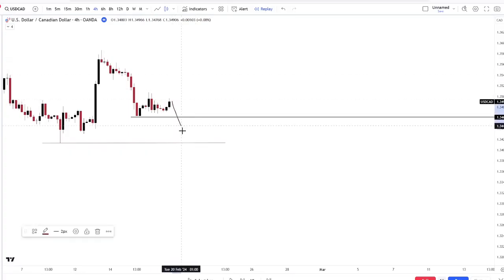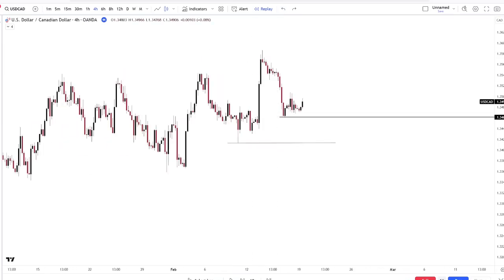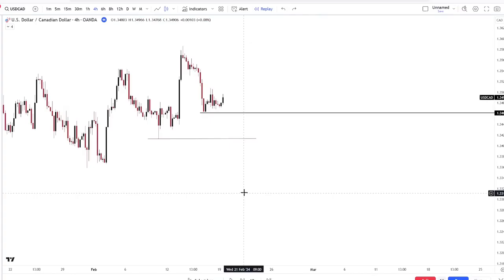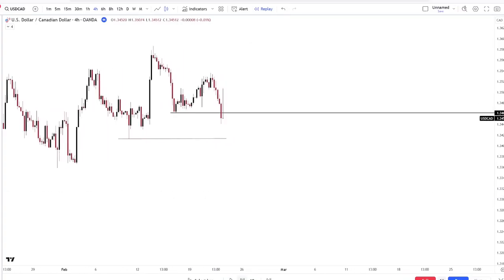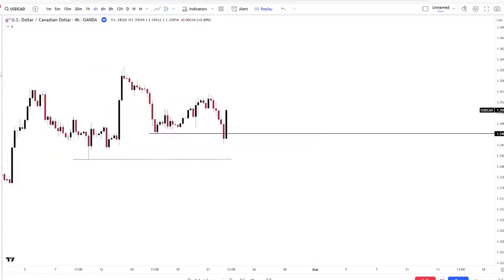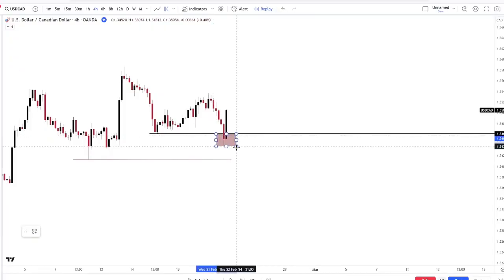If price gets below this swing, we're anticipating a stop hunt, price to trap sellers and continue with the macro cycle. And what happened here? You had your stop hunt. Why? Because price is bullish. As you can see, price is bullish.